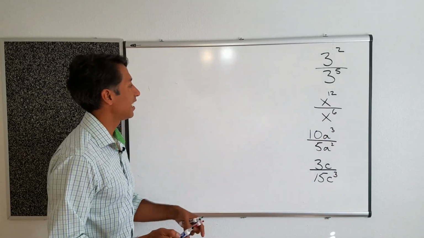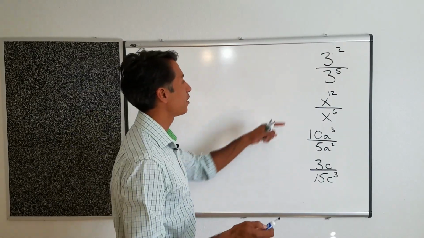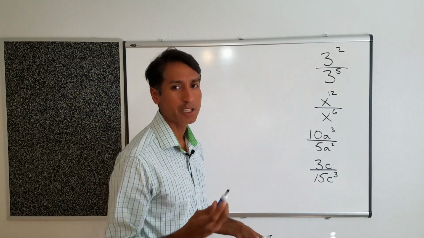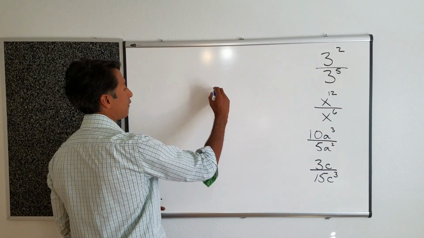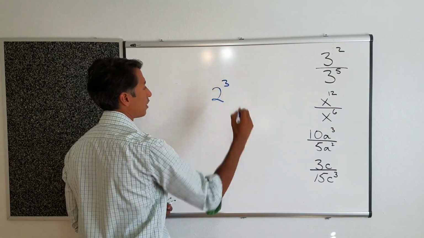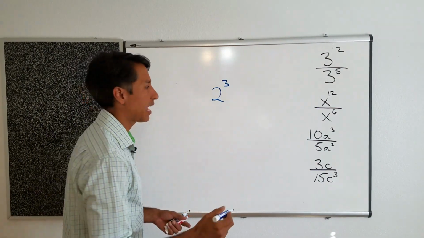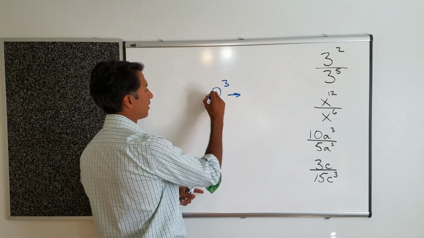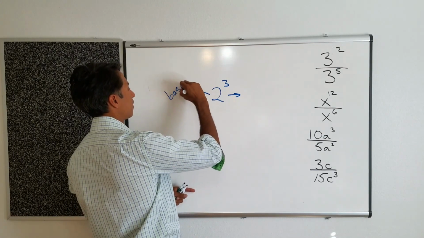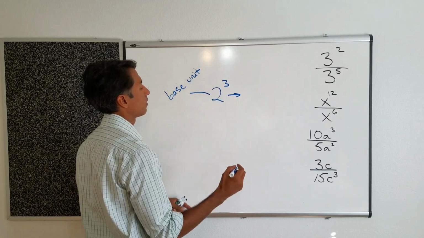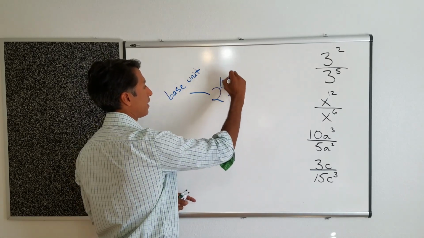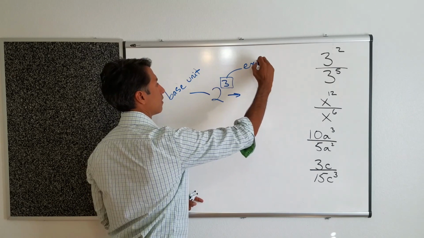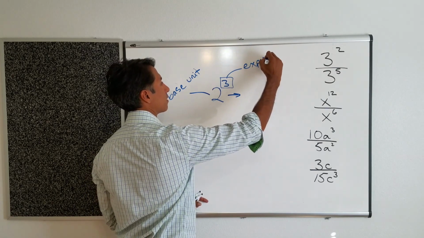All right, let's write this thing out. Before we do that, let's just talk about exponents for a second. If we have 2 to the third, really what we're saying is we have a number, okay? And this guy down here is called the base unit, and this guy up here is the exponent.